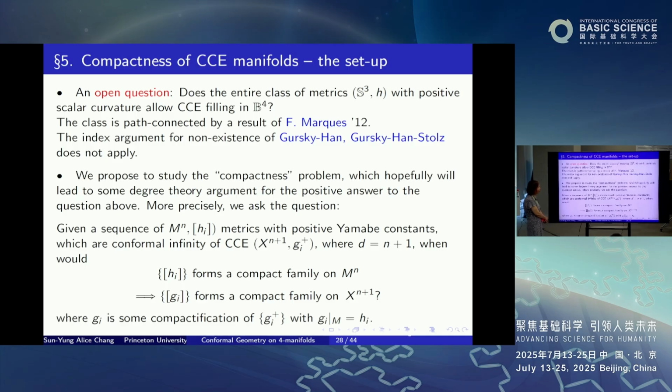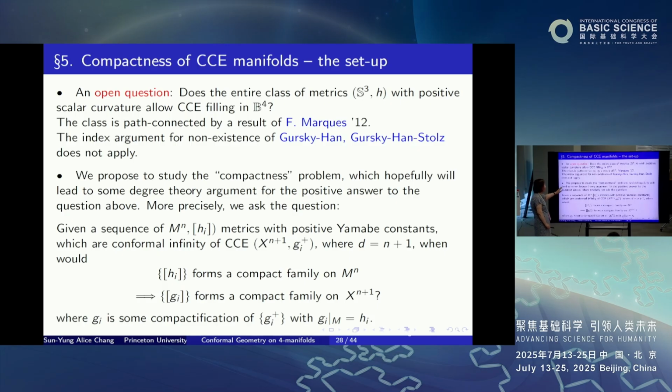So the counterexample of Gursky-Han would not work. Okay. So one can ask, what happened on S^3? Does any metric on S^3 with positive scalar curvature allow a CCE filling in?